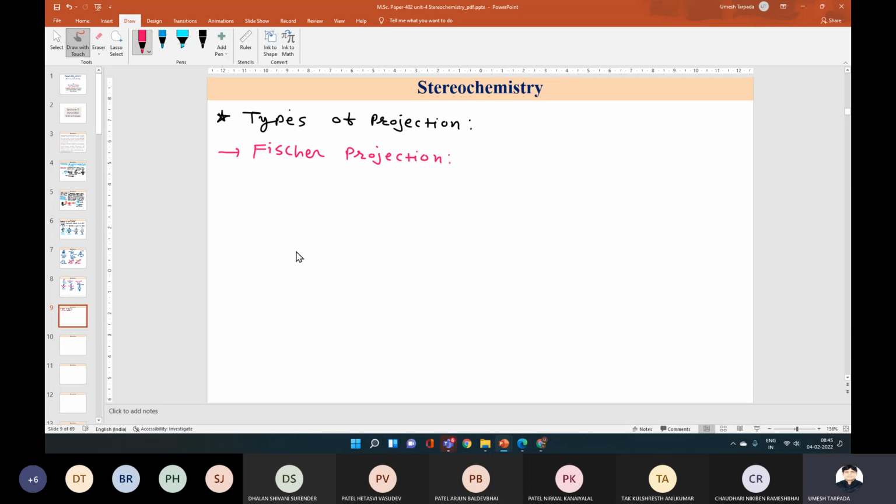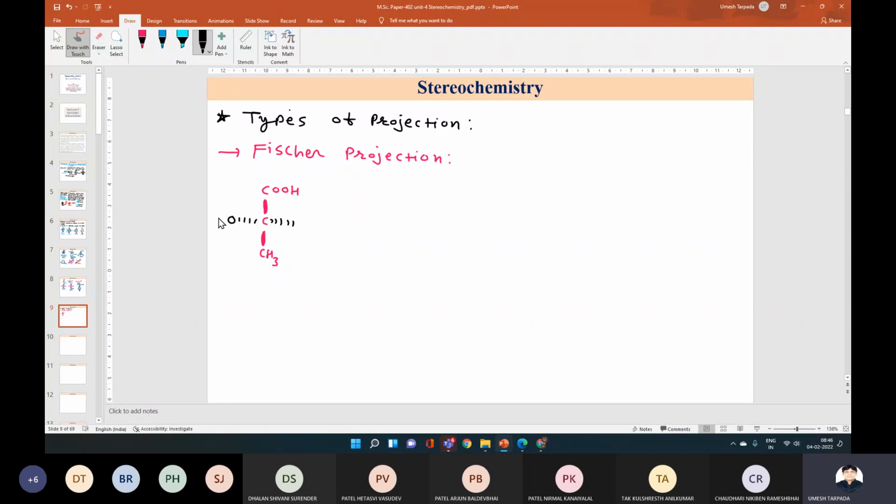See, a tetrahedral carbon is chiral. Fischer visualized this chiral center in this way. This carbon is on our side, COOH is on our side, CH3 group is also on our side. So the groups on the vertical line are on our side. These two groups are on our side, and these two groups which are away from the viewer are on the back side of the plane.